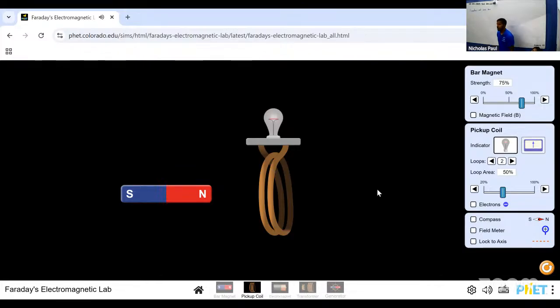Right, so watch here. Look at that there. What do we have there? You see the magnet? A magnet will have a magnetic field, right?